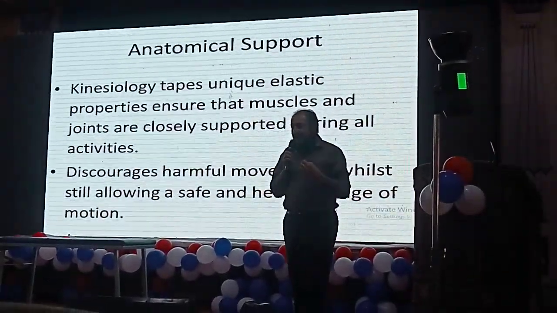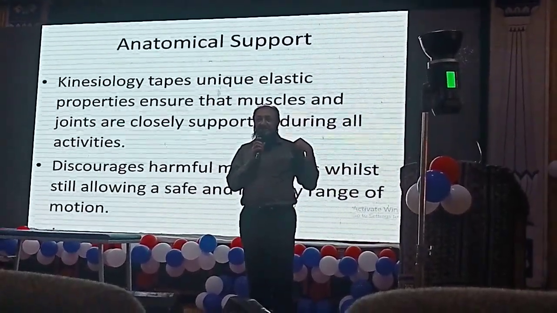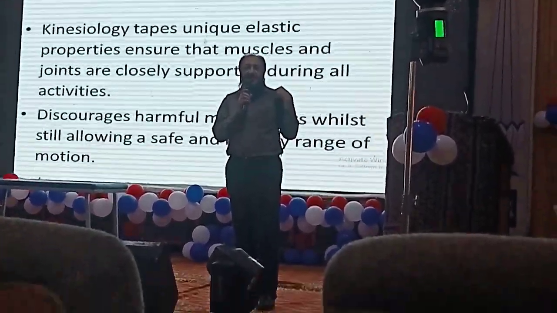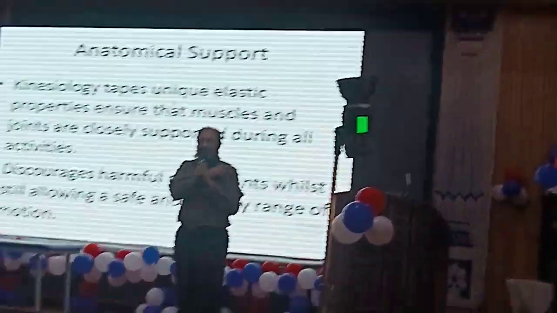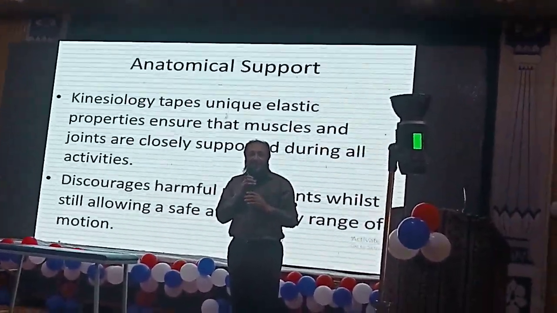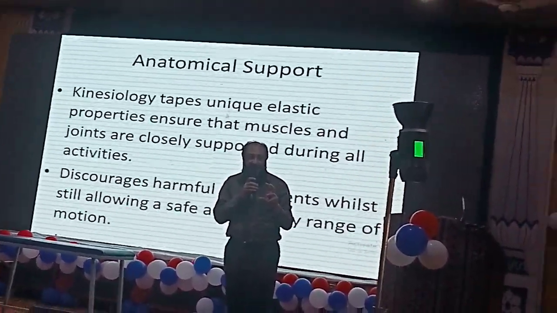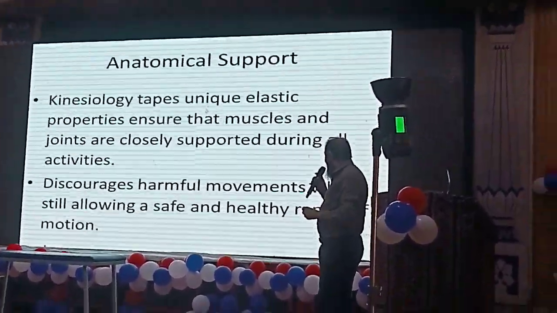Or say if somebody has a subluxed shoulder, dislocated or subluxed posteriorly or inferiorly or anteriorly, whatever, if you put that shoulder back in place with a tape, that allows you more movement and movement in the right direction. So you can always use it for anatomical support.